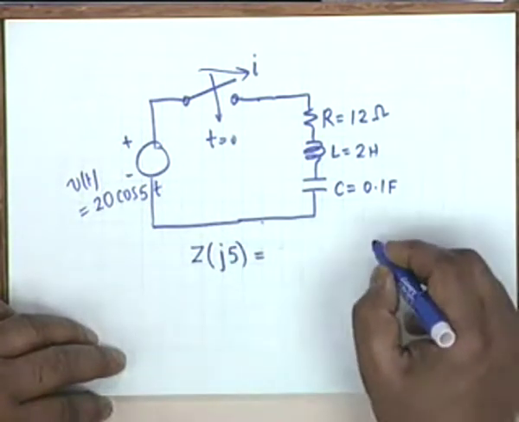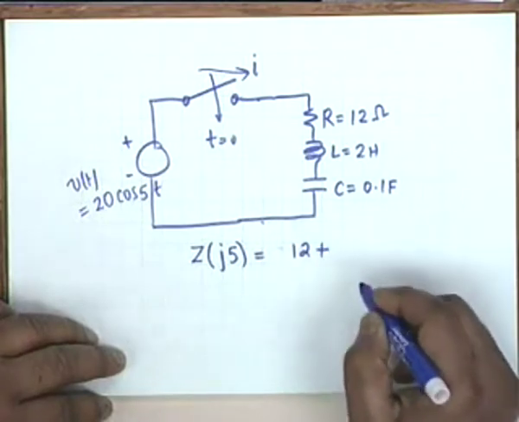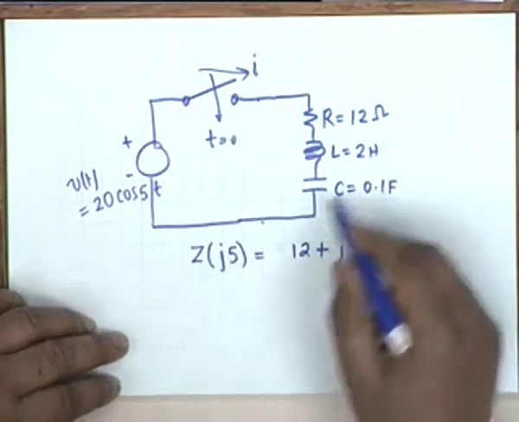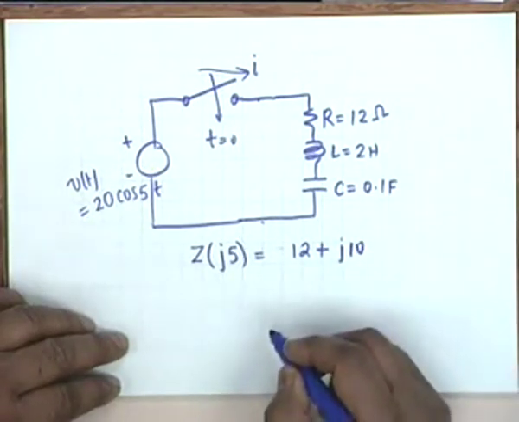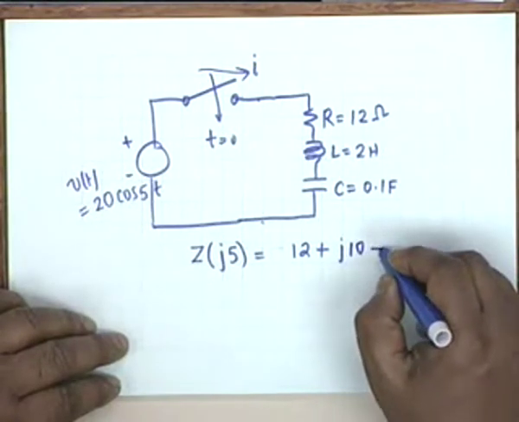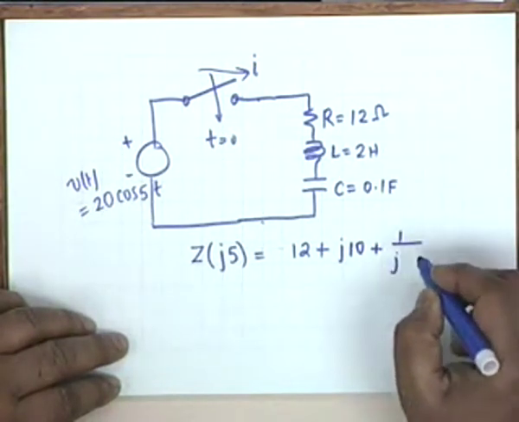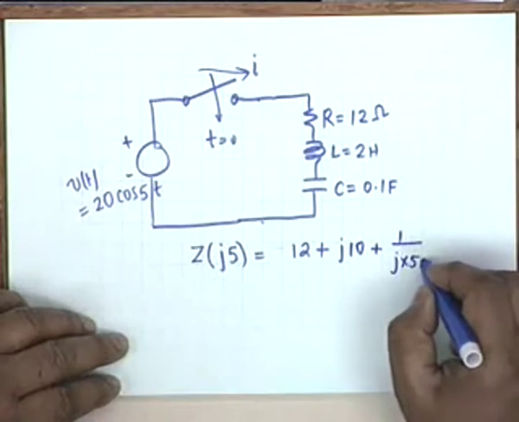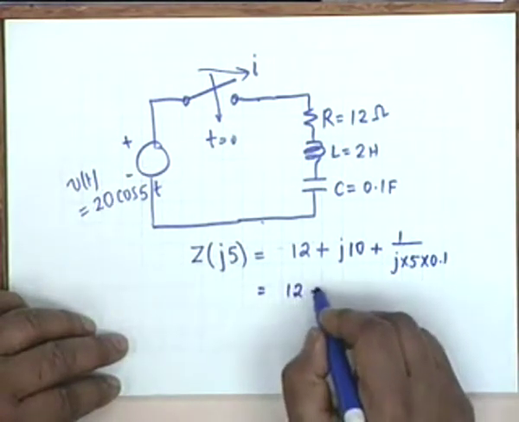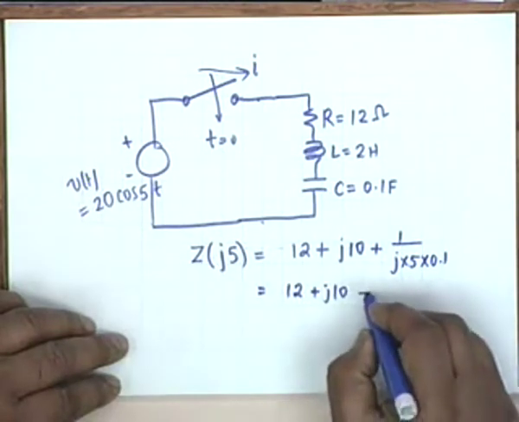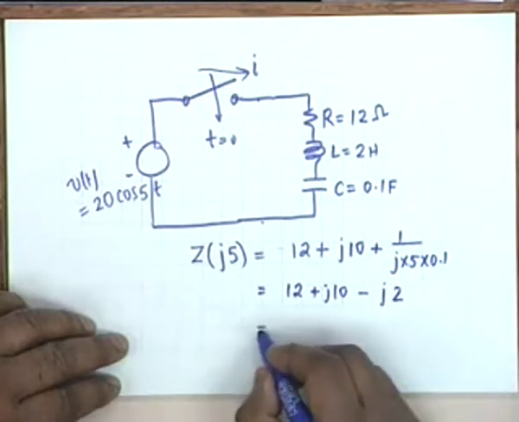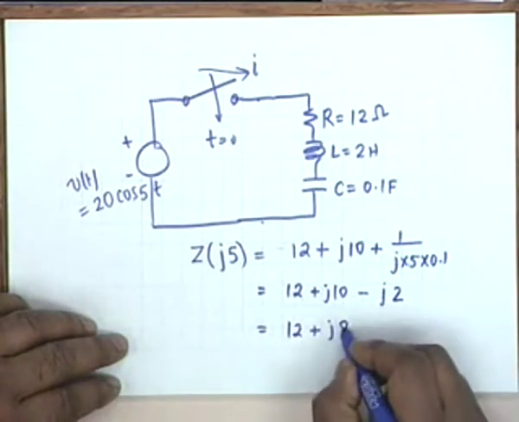Z of j5 would be 12 plus j omega L, so j omega is 5 and L is 2, so j10, plus 1 over j omega C, that is 5 times 0.1, and therefore this is 12 plus j10 minus j2, that means 12 plus j8.